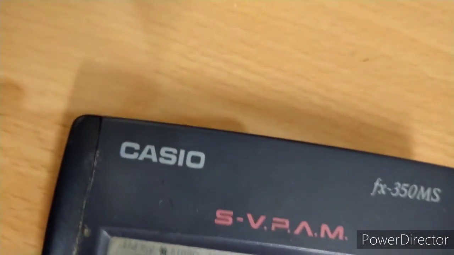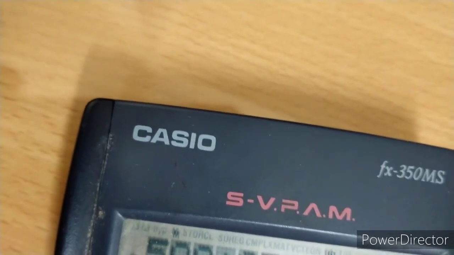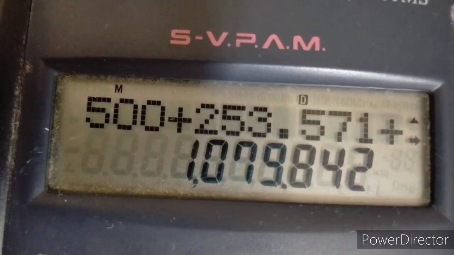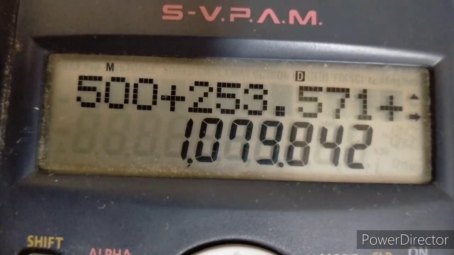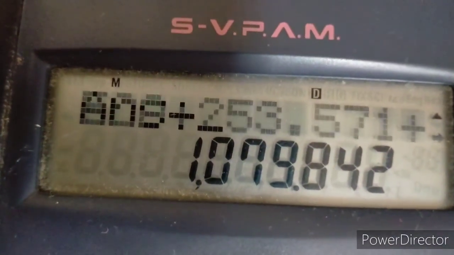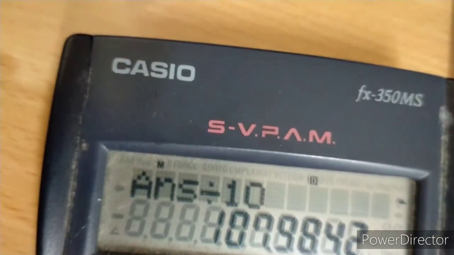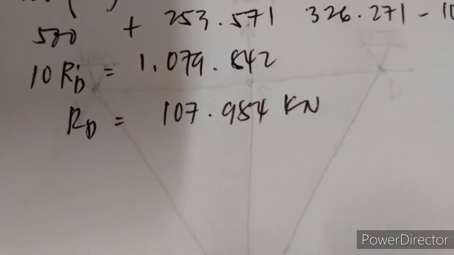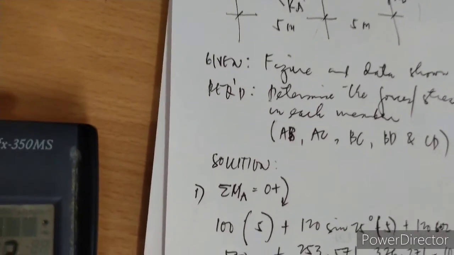So it will give you 1,079.842. Then simplifying further, RD is equal to 107.984 kilonewtons. Okay, so that is for RD. We have solved already RD.